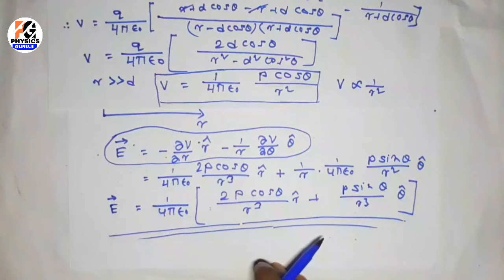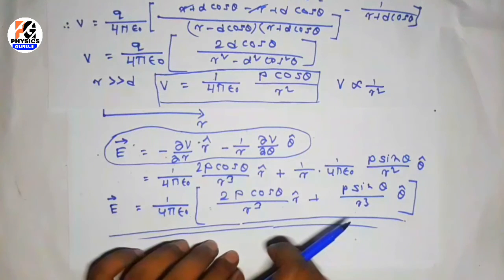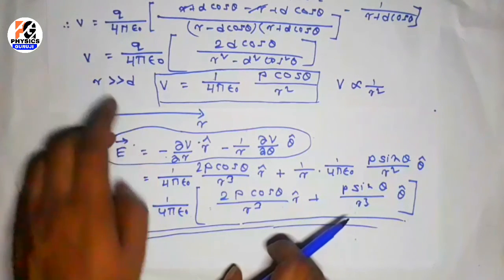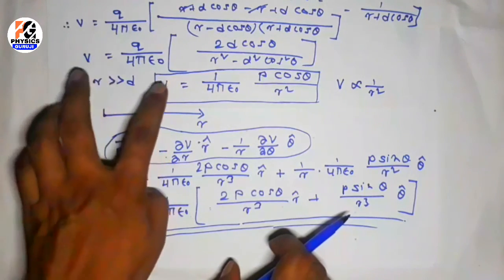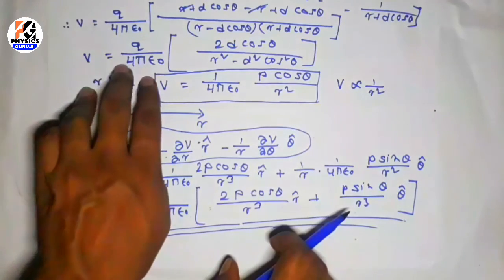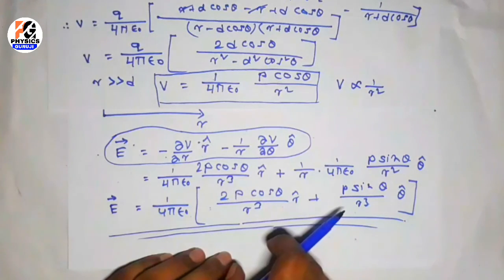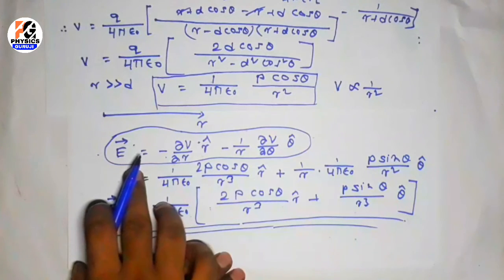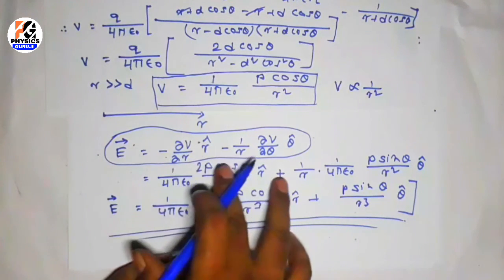Now I want to ask you one question. Give the answer in the comment box. You can find the expression of electric field from the potential, and potential is a scalar quantity, which in general has no information about direction, while electric field is a vector quantity, so it has information about direction.